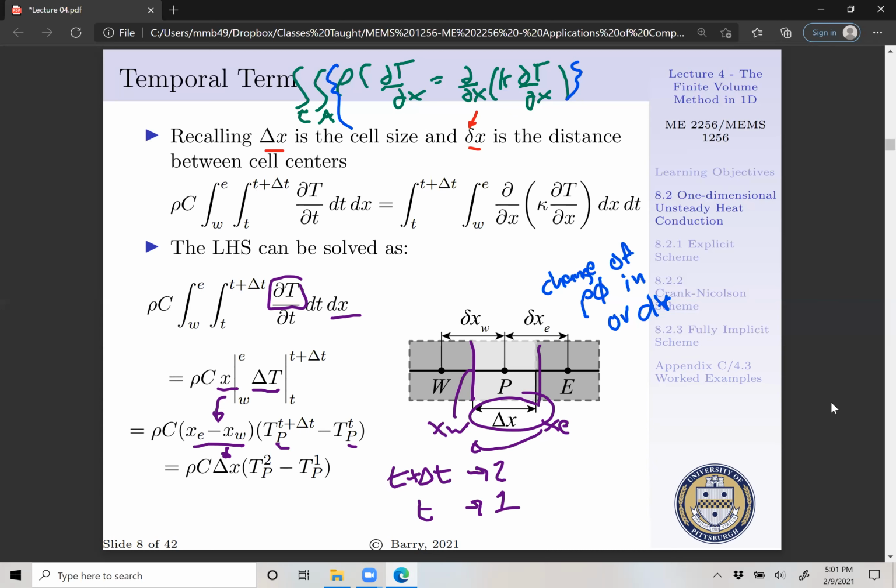So right now we have the temporal evolution of our conserved quantity within our cell center. So that's how we're going to advance it in time. Now, the fun part is the right-hand side.